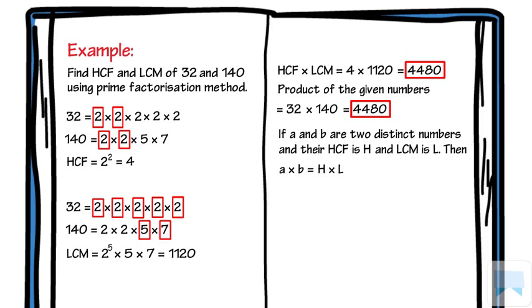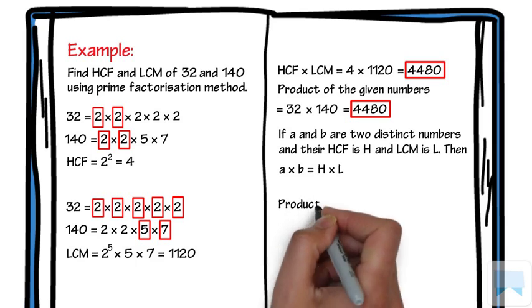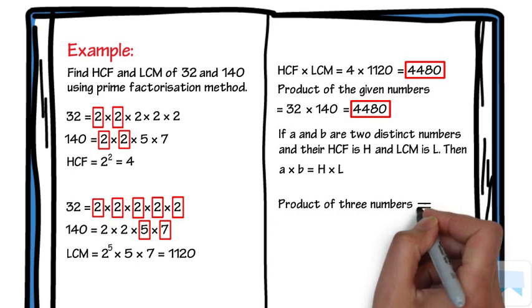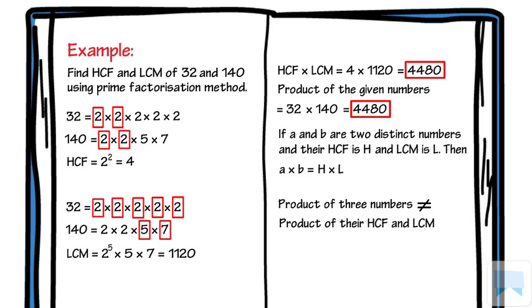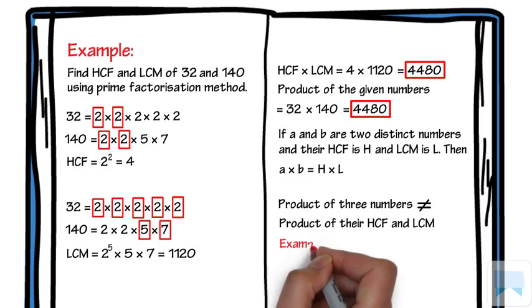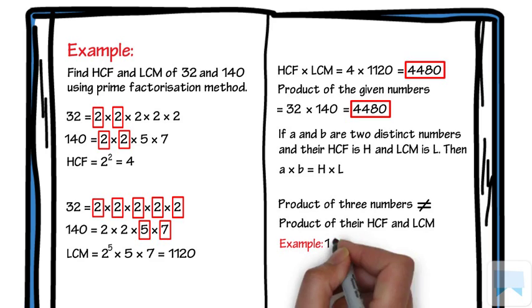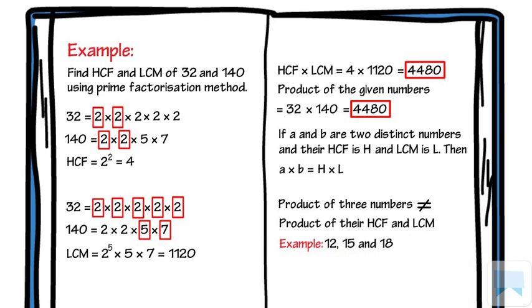But this result is not applicable to three numbers. That is, the product of three numbers is not equal to the product of their HCF and LCM. Let's verify this with the help of an example. Here are three numbers, 12, 15 and 18. The HCF of 12, 15 and 18 is found to be 3, while the LCM of 12, 15 and 18 is found to be 180 using the prime factorization method.